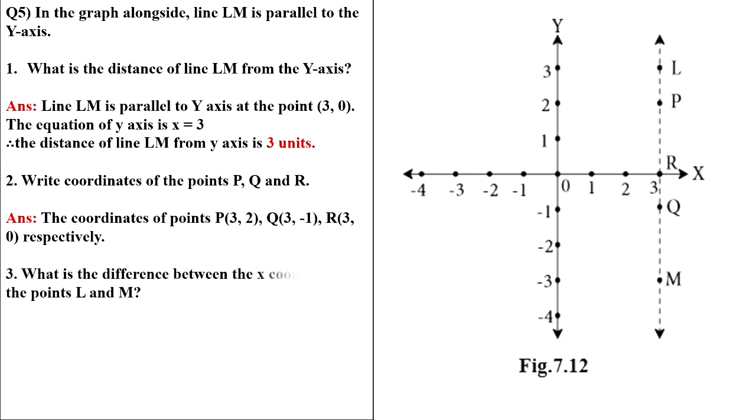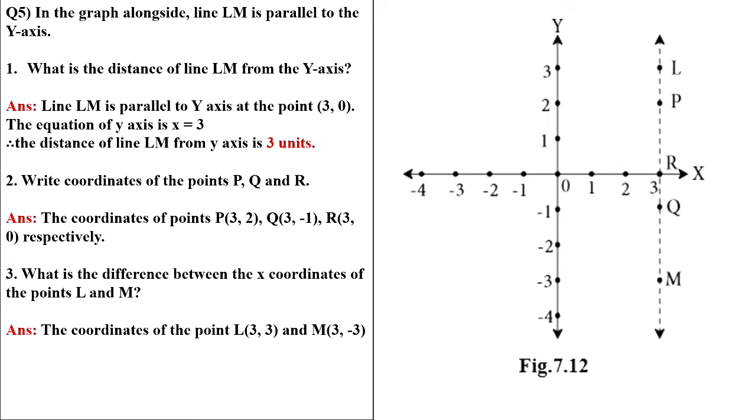Now, third one, what is the difference between the x coordinates of the points L and M? If you see the points L and M, the x coordinate is 3, that is the same. For the point L, x coordinate is 3 and y coordinate is also 3. For the point M, x coordinate is 3, y coordinate is -3.